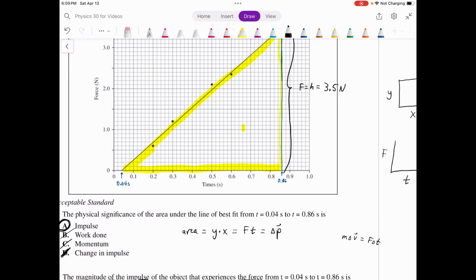Now for our change in time on the x-axis, the base of this triangle, which is just our change in time, makes sense, right? The amount of time that went by along our x-axis here. Be careful, it's not 0.86, right? Because we didn't start this at 0.0. So it's 0.86 minus 0.04, final minus initial, to figure out how much time actually went by.